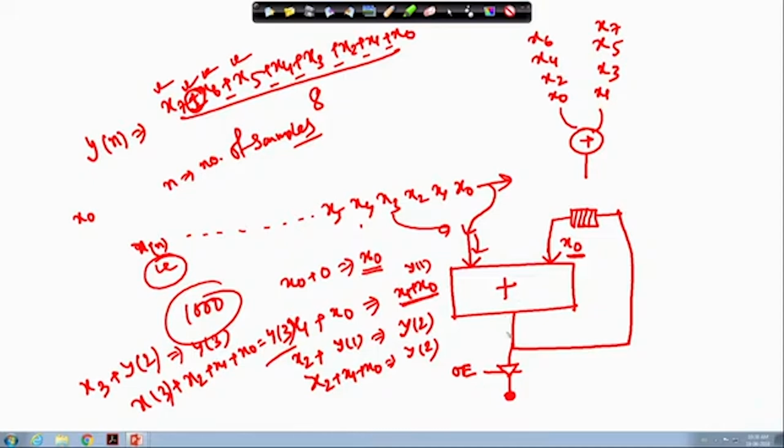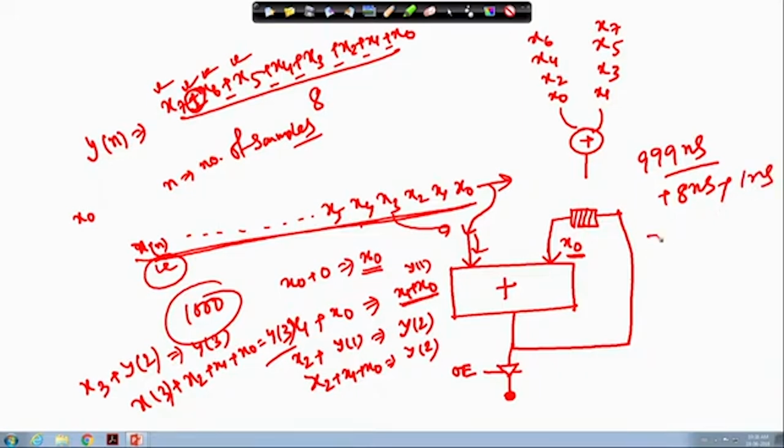So in this case, to compute all these samples, what do I require? I need to wait for 999 nanoseconds, and I require one addition operation, and then 1 nanosecond.